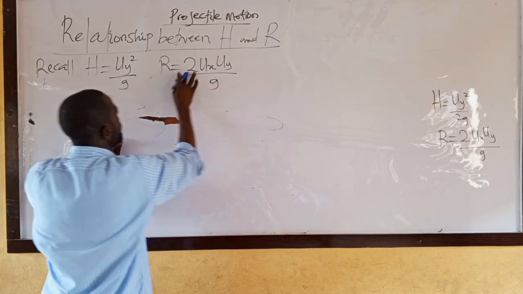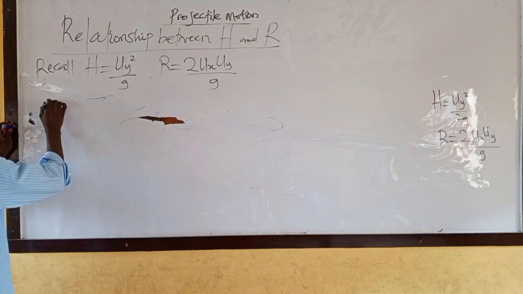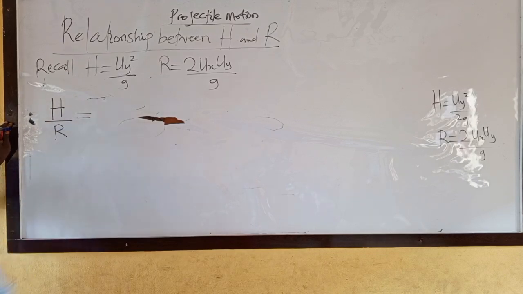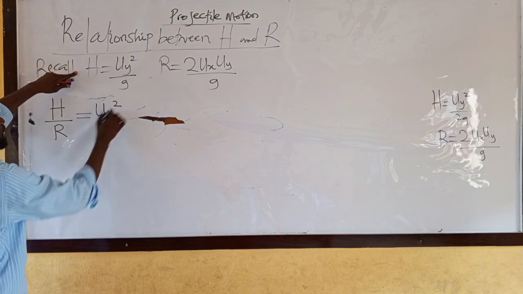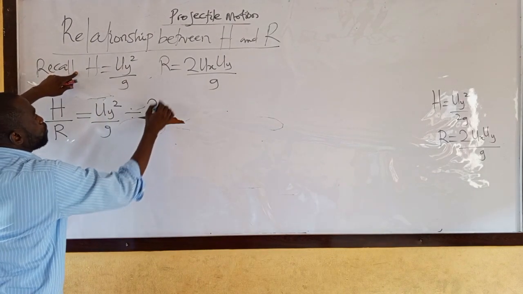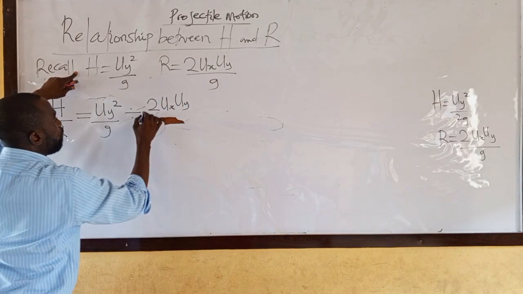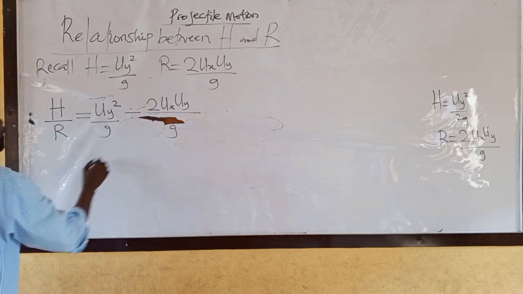If I divide H by R, I have H all over R. Let me divide them. It will be equal to Uy all squared all over 2g, divided by 2 Ux Uy all over g. So this one will change to multiplication.